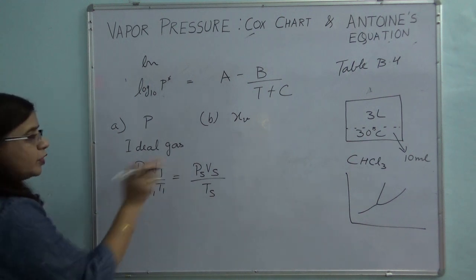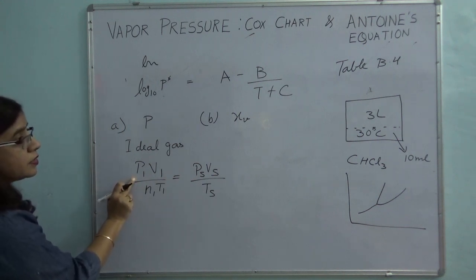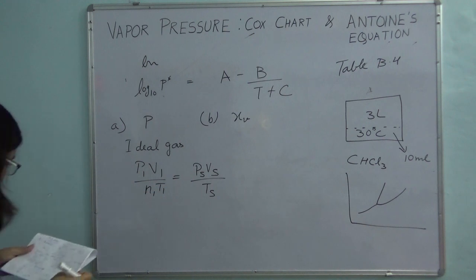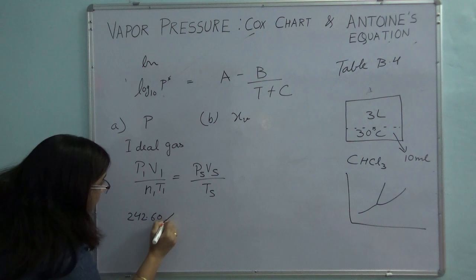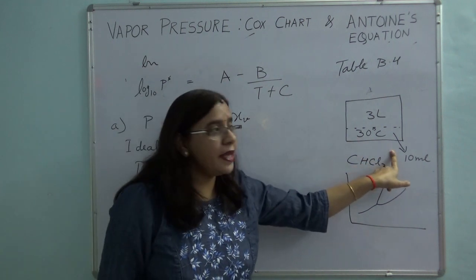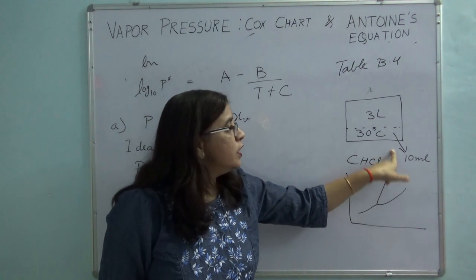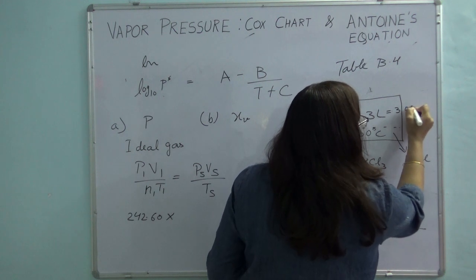So I'm going to just plug in the values. My pressure for the system came out to be 242.60, multiplied by volume. Okay, so what is the volume? I have 10 ml of liquid which is left. So 3 liters, that is equal to 3000 ml.